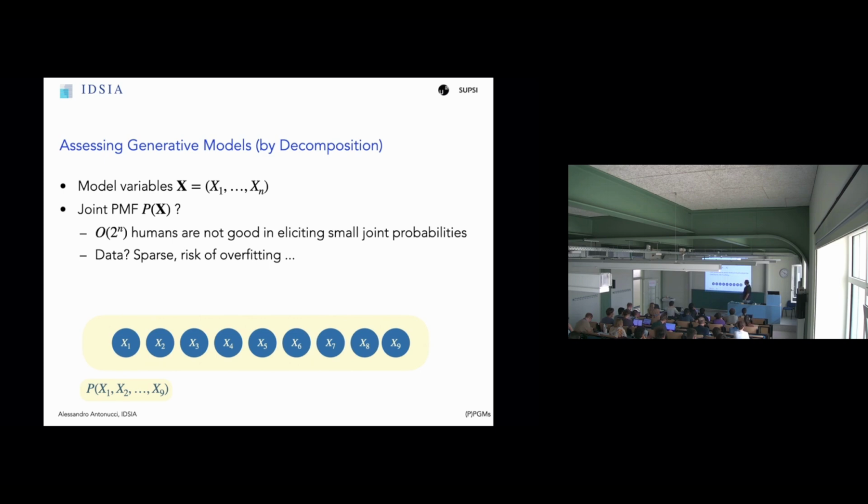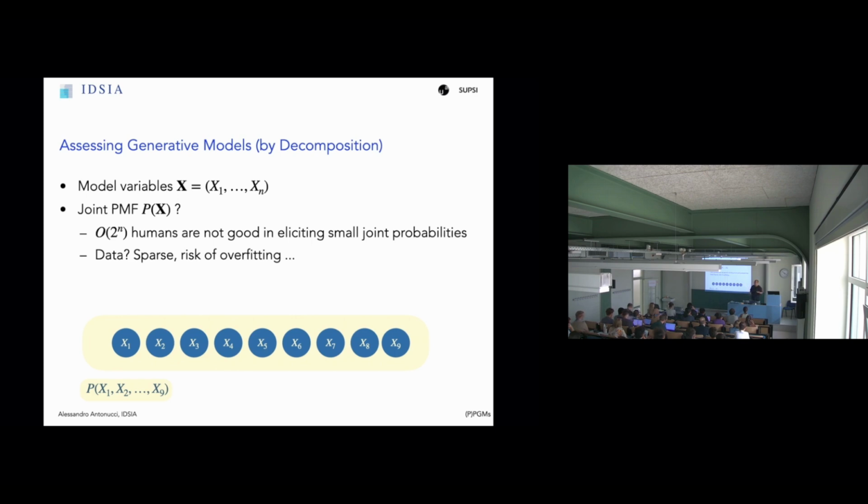This might be complicated for various reasons, and the first and most important reason is that the number of joint states increases exponentially with, let's say we are in a finite setting, the number of variables. Let's say these are Boolean variables. Maybe I can ask my doctor to assess the joint probability of treatment and recovery for the 4 different states.